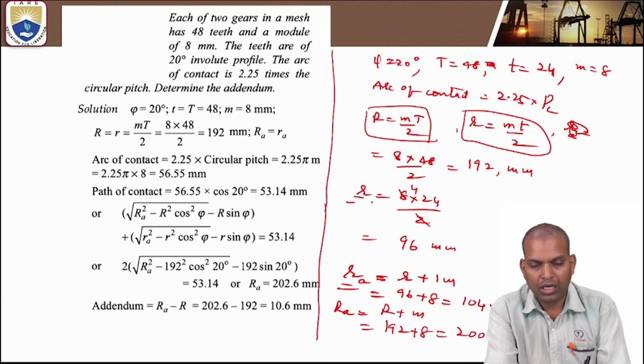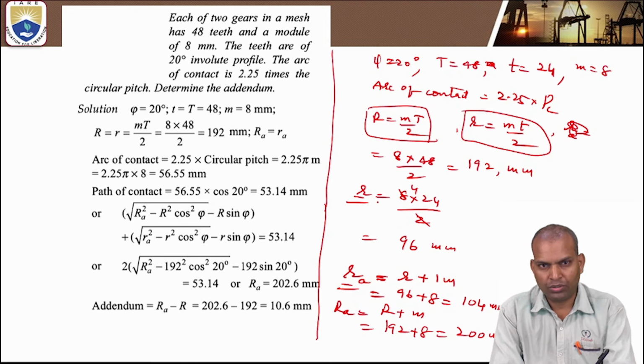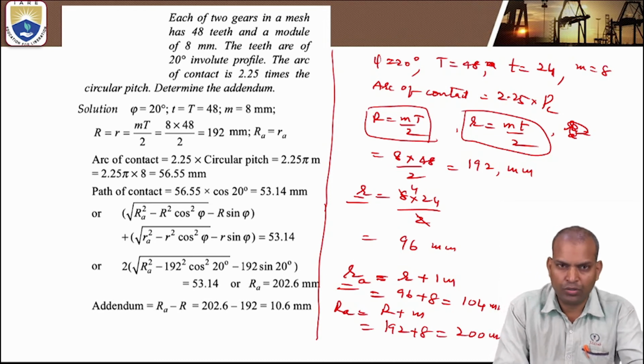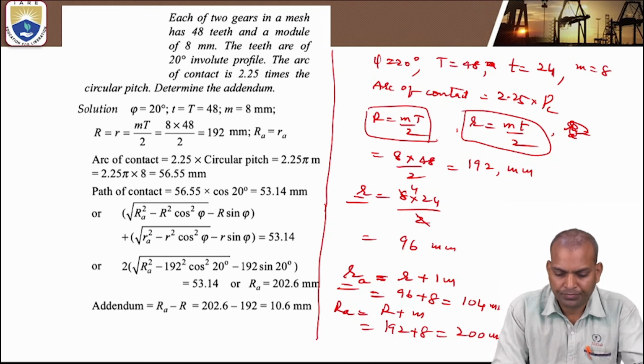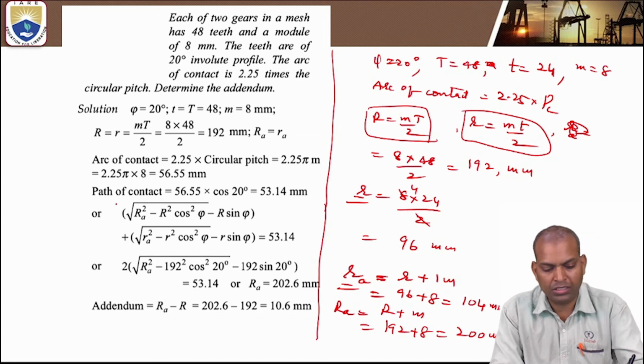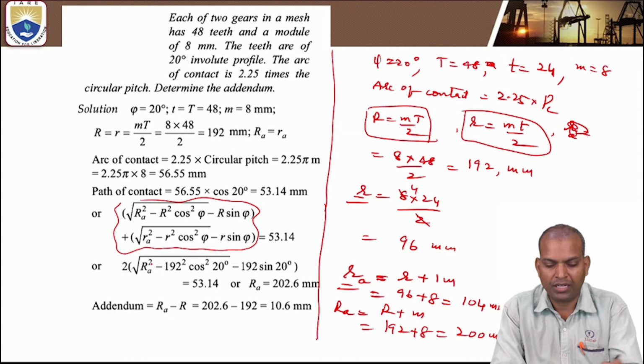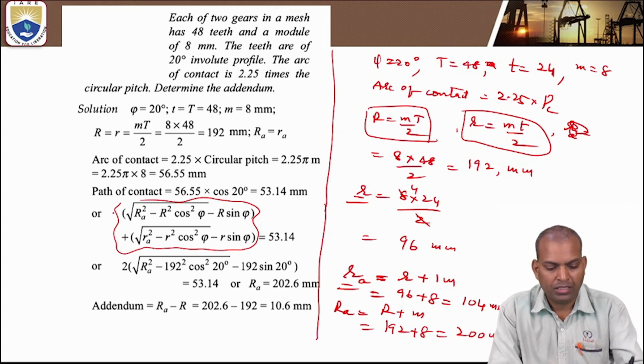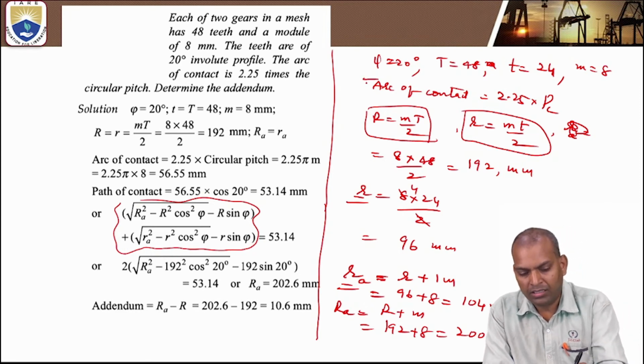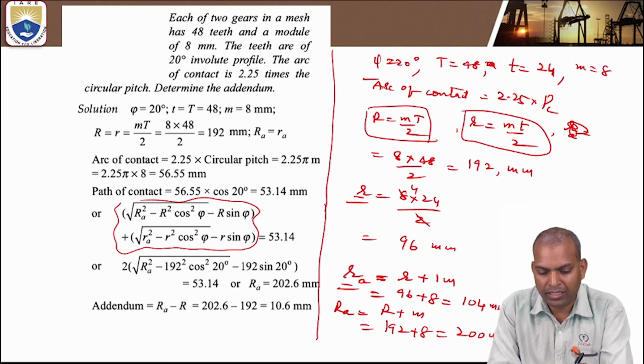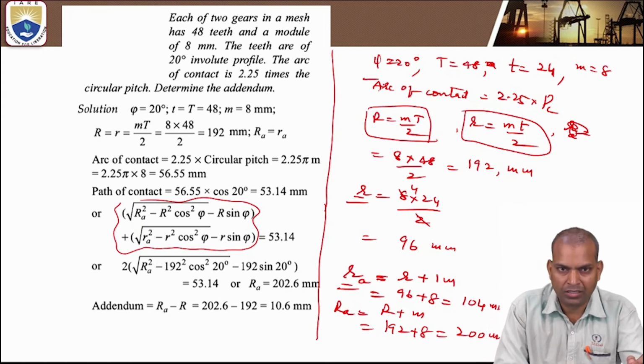We know RA and capital RA, both driver and follower wheels are known, and then we can substitute in this. It doesn't come as 2 times RA square because these wheels are not equal. Then we can see the contact length, and if the arc of contact is given, we can validate whether it is the same or not using this data.